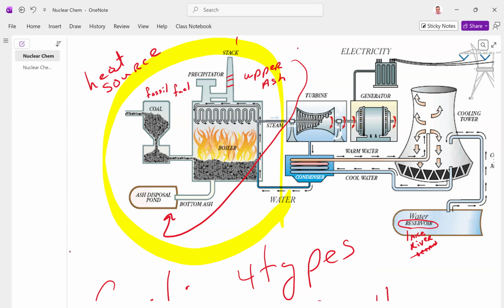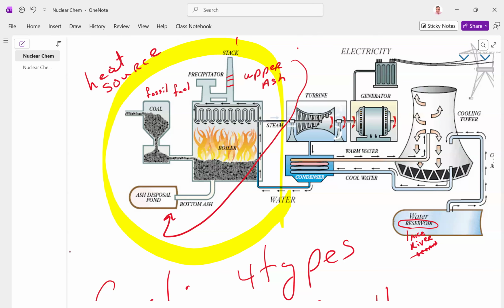Okay, so the idea here is now you need to explain how this thing works. So we are going from fuel, which in this case is coal, we're going to burn it, and we're going to heat water to high pressure steam. And I'm going to put emphasis on high pressure steam. The steam comes from water that's usually from some kind of a reservoir. It could be a lake, could be a pond specifically designed for this, and it's turned into steam.